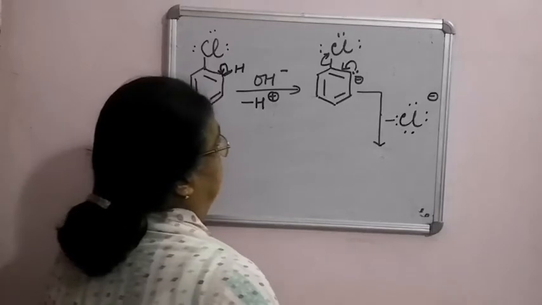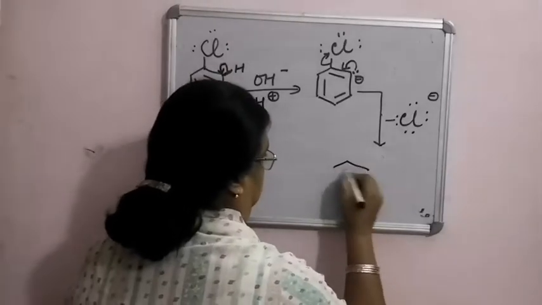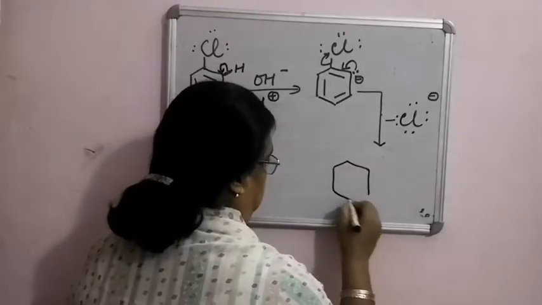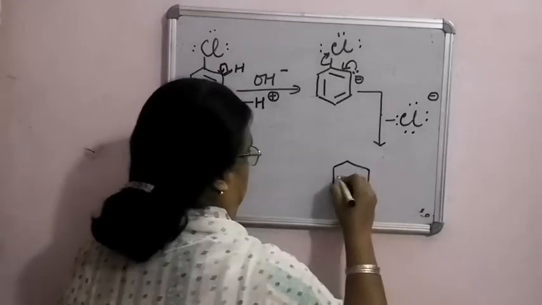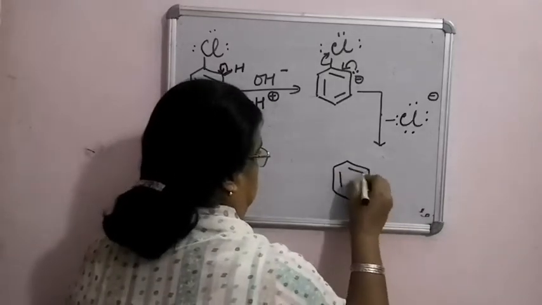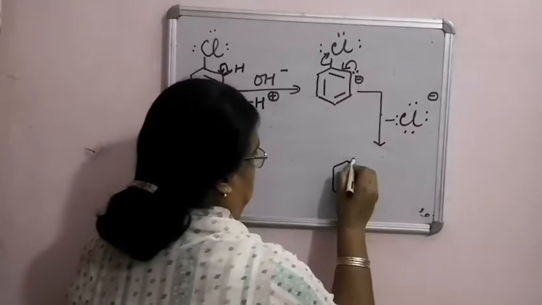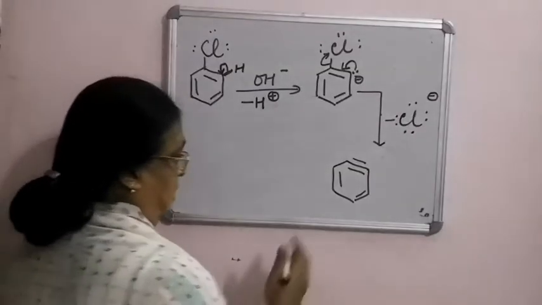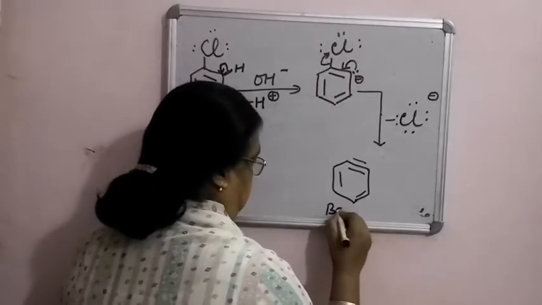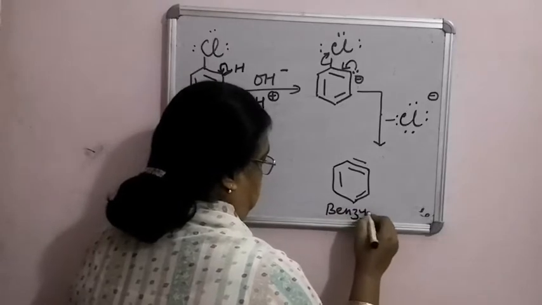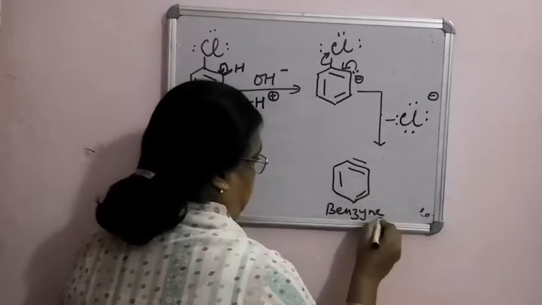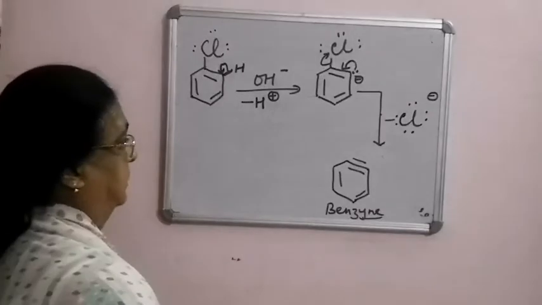And when chloride ion is out, we will be left with this part. This is gone, this bond is there, this is there, this is there. This pair is here, so there will be a triple bond. This molecule is called benzyne, triple bond, benzyne.